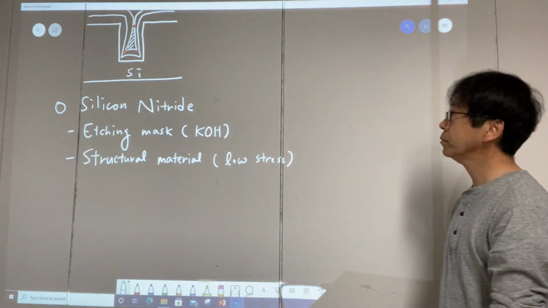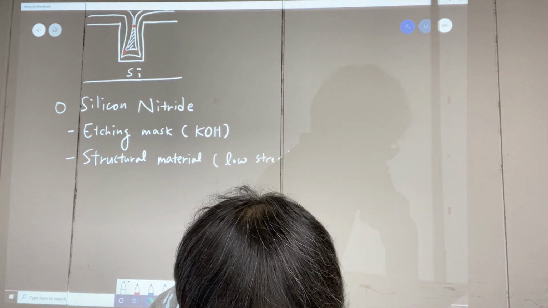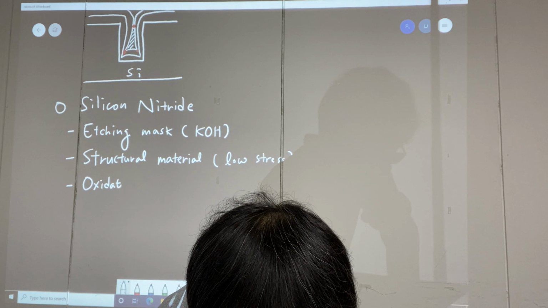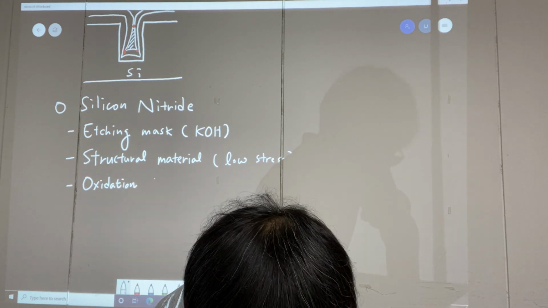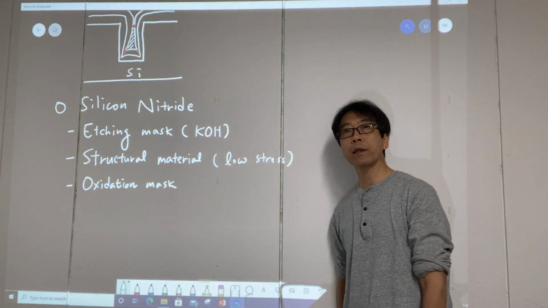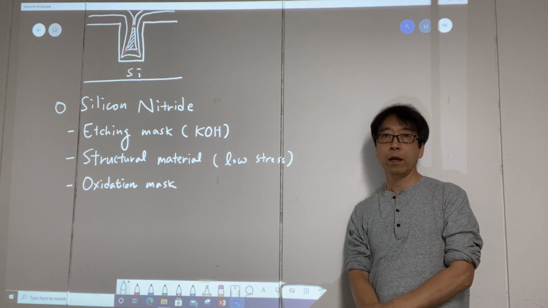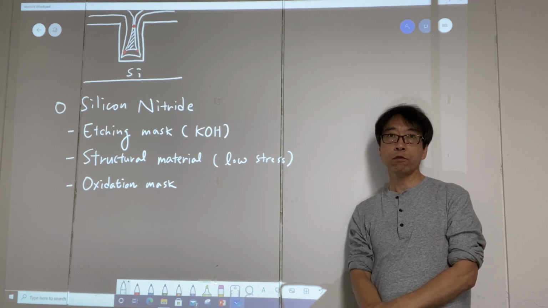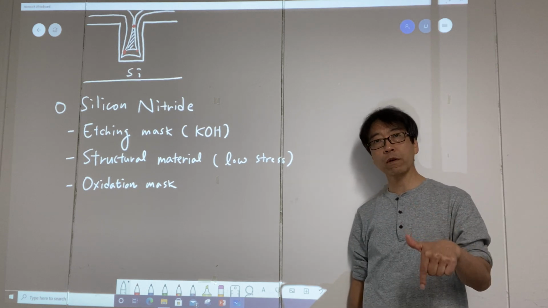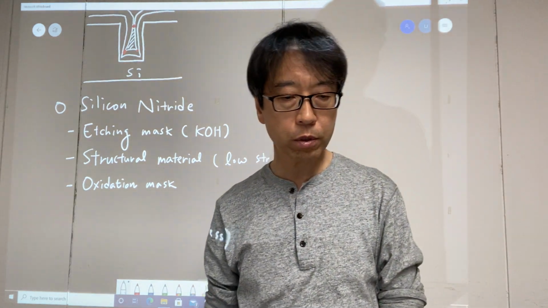But you can also use this silicon nitride as the mask for oxidation, which really means that you can block certain areas from oxidation, so that you can selectively oxidize certain windows of the area. Again, silicon nitride is resistant against reaction or the passage of the molecules. You can block such kind of passage of the molecules.